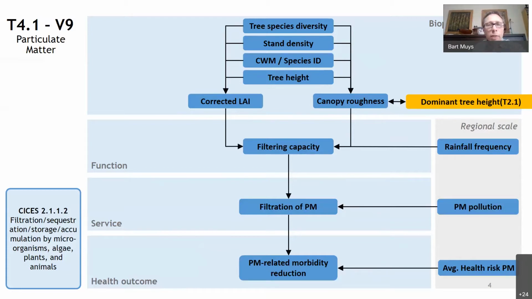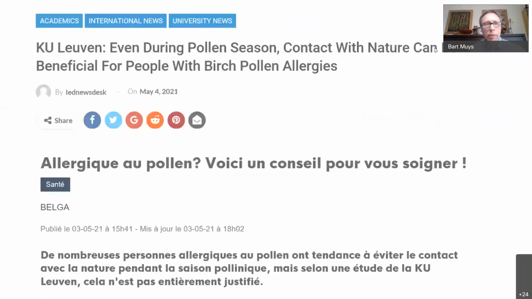Then a word that's all about particulate matter. Let's say something about pollen. Pollen is also a fine particulate matter, but it's fine particulate matter which is produced by plants, by trees and grasses.